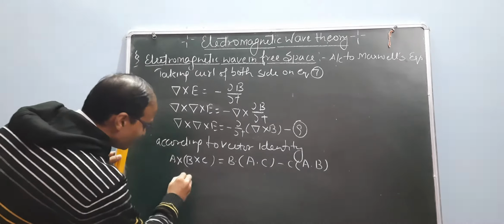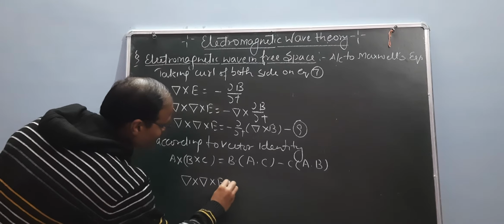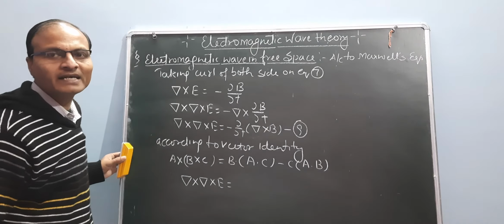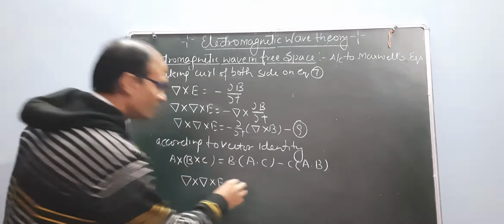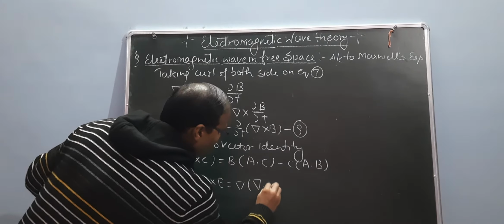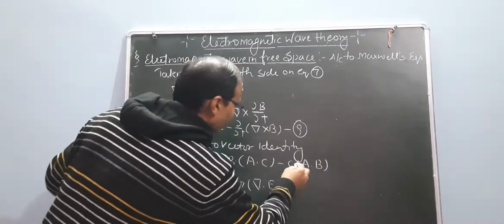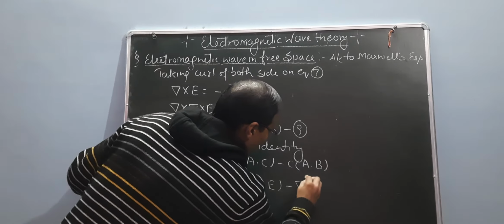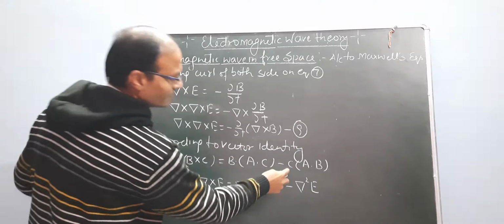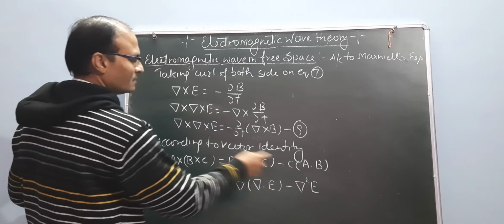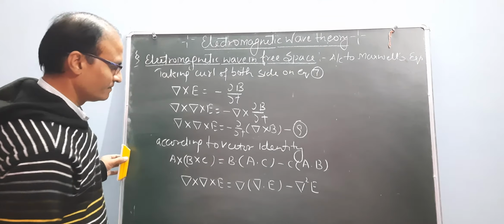So the equation is del cross del cross E equal to, applying first, del into del dot E minus del square E, because del dot del is del square and E is the function.